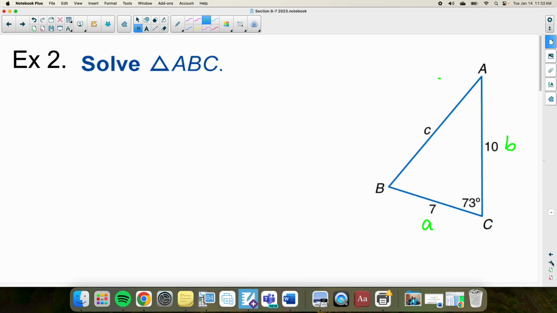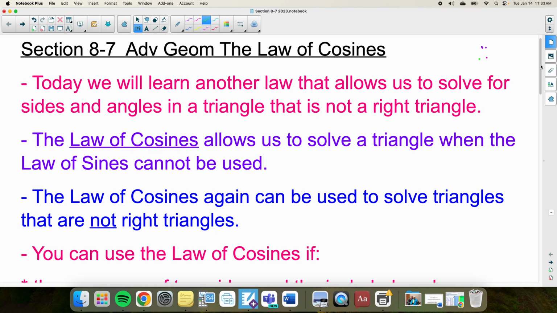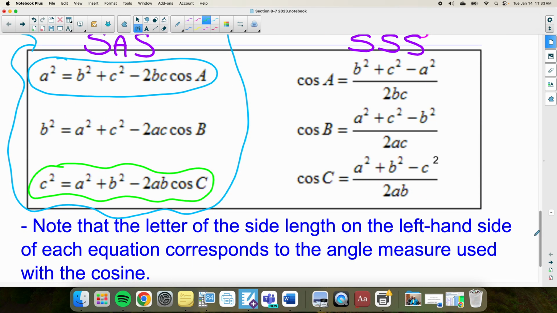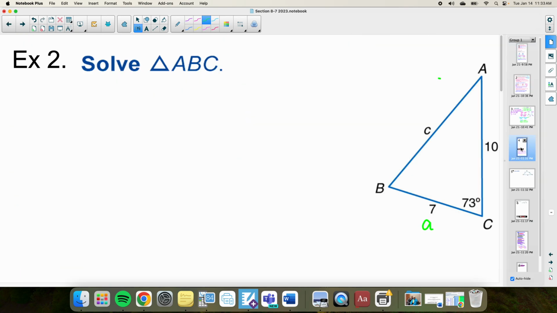So Law of Cosines, I have to find little c. Remember on your cheat sheet, you have these formulas, and we have to find angle C again, which is this formula right here. It's not always angle C that you're looking for, that's just the way ours worked out.